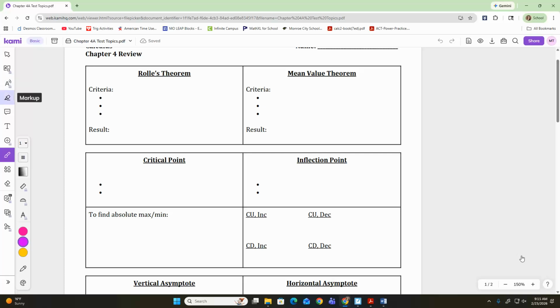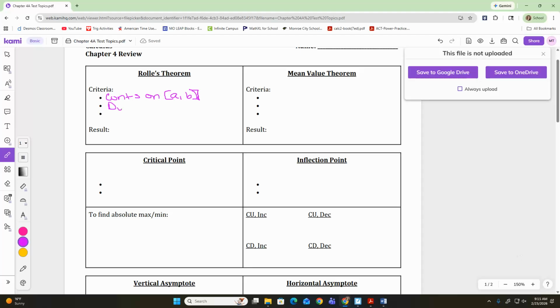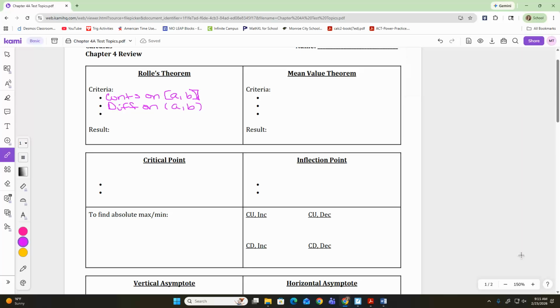Theorem. The Rolle's Theorem, what's the first criteria? Second criteria? And the only difference is it doesn't have to be differentiable at the endpoints. It does have to be continuous there.